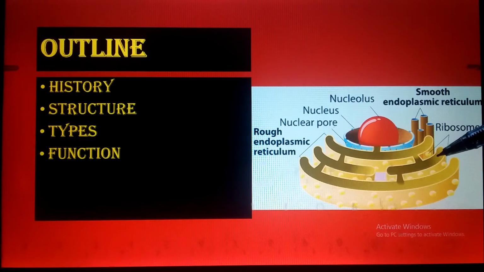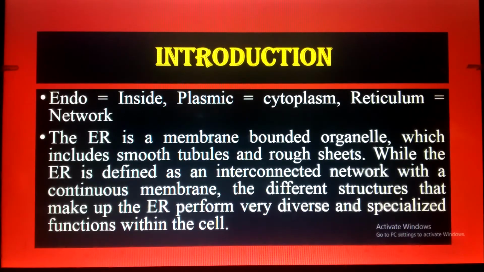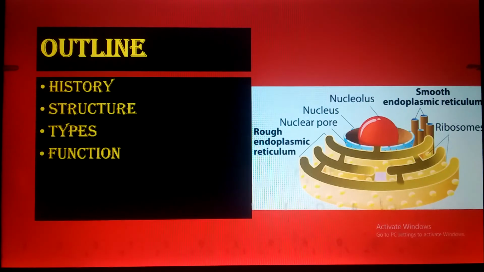If I talk about the word derivation, the word endo means inside, plasmic means cytoplasm, and reticulum means network of channels or canals. So you can see here the endoplasmic reticulum is present in the cytoplasm in the form of what?